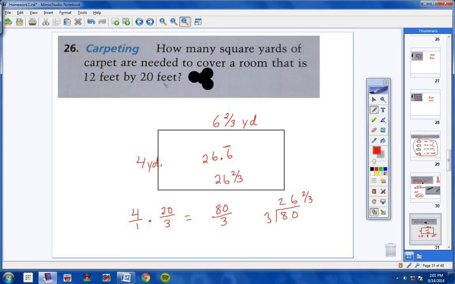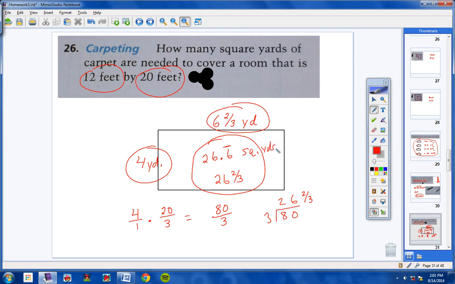Well, first of all, we don't want feet, so we convert the 12 feet over to 4 yards, and we convert the 20 feet over to 6 2/3 yards. And then now that we have yards and yards, how do you find square yards? Well, you find the area. So you take 4 times 6 2/3, and you will get these answers here: 26.6 square yards, or 26 2/3 square yards.